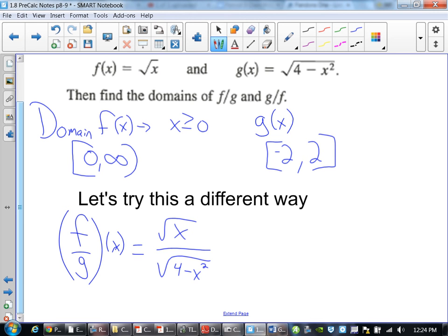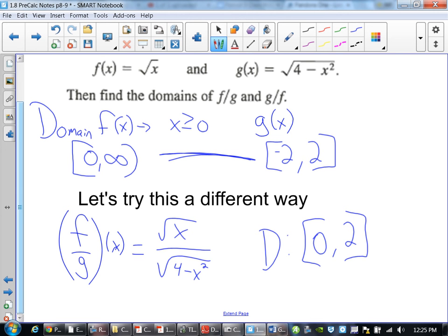So they overlap between 0 and 2. Does it include 0? Does it include 2? Yes. So the domain for the composite function is the overlap of those two. In this case, I have a hard bottom at 0, and a top at 2.